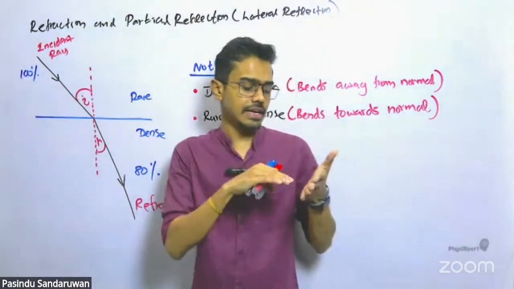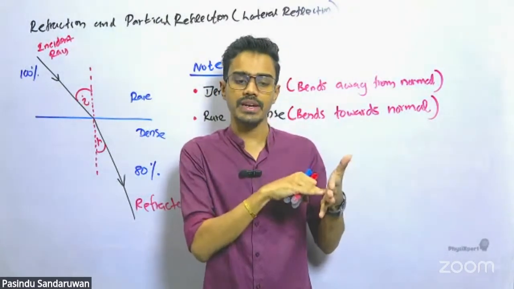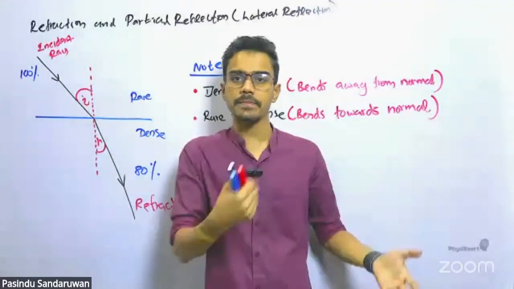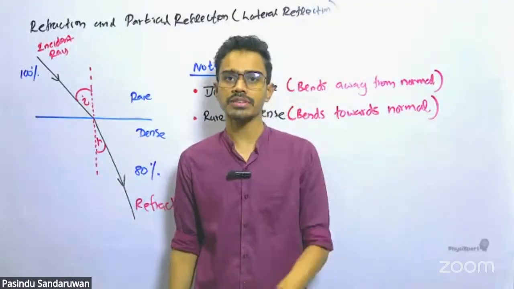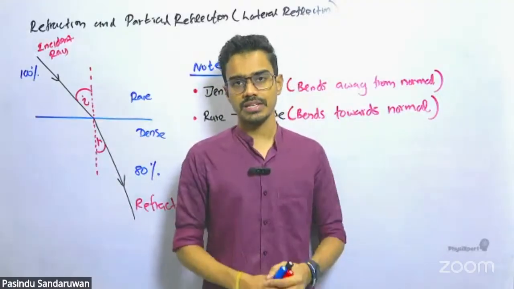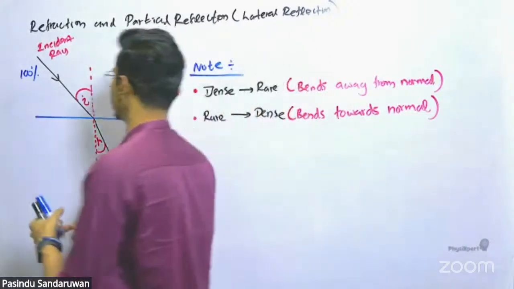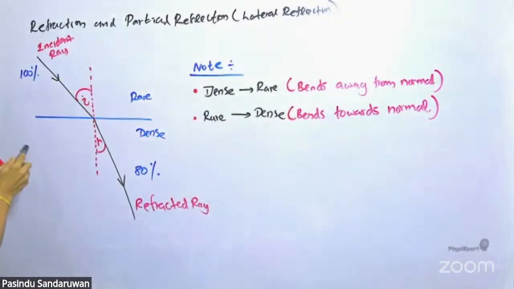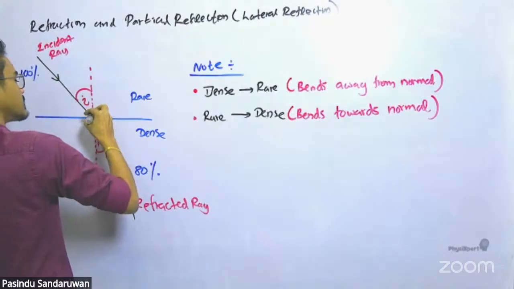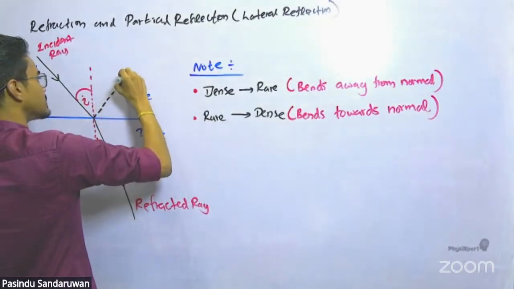When this light ray hits the interface between two media, the remaining 20% is reflected back to the same medium. Then this is reflected back to the same medium like this.